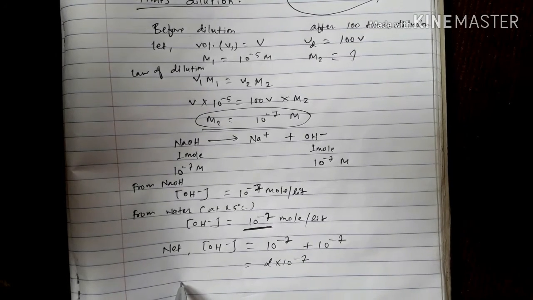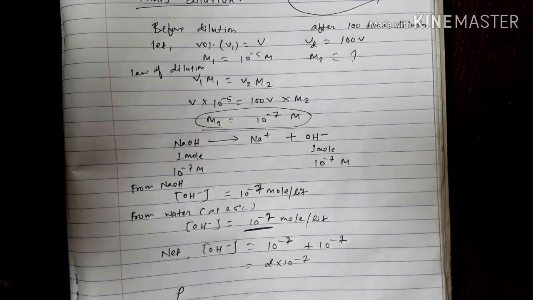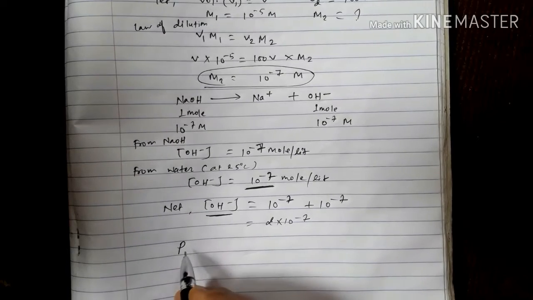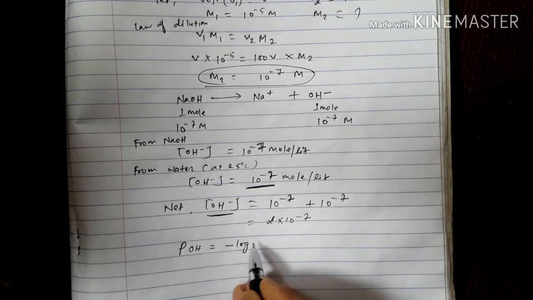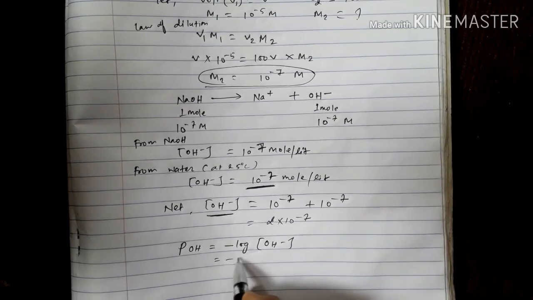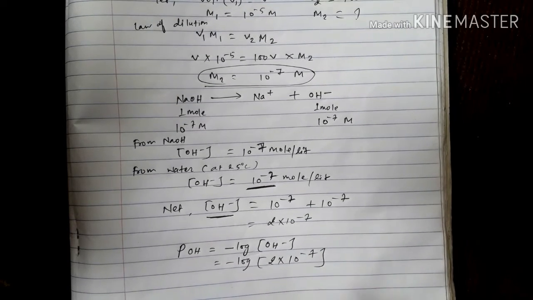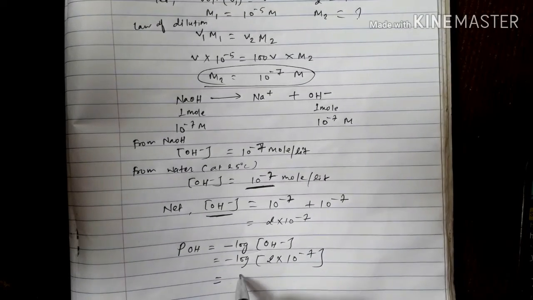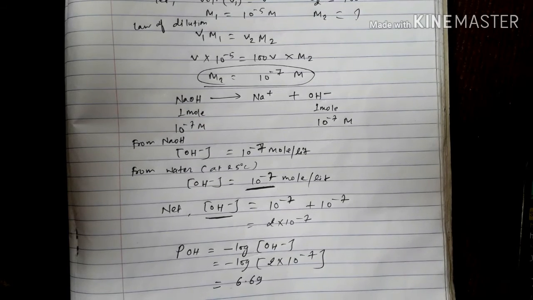Now, to find the pH, you can't find it directly. Since OH is given, you have to first find the pOH. The formula for pOH is minus log of OH minus ion concentration, minus log 2 into 10 to the minus 7, and the answer value will be 6.69.